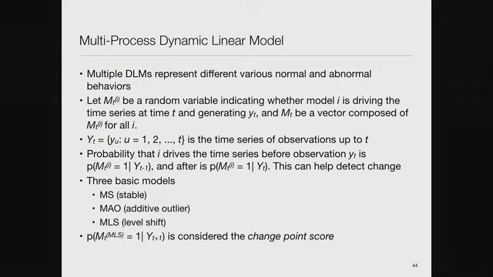You can have a model that says it's a stable model. In other words, what you expect is the steady state. So that would be the normal weekly variation in volume for any of these alerts. You can have a model which is an additive outlier. So that's something that says all of a sudden something happened, like that chlamydia screen or one of the other things that had a very quick blip.